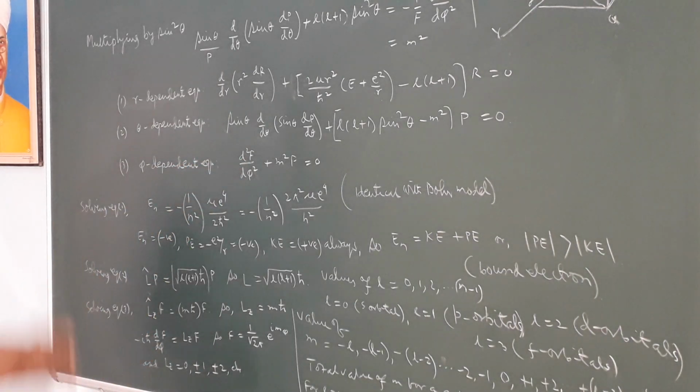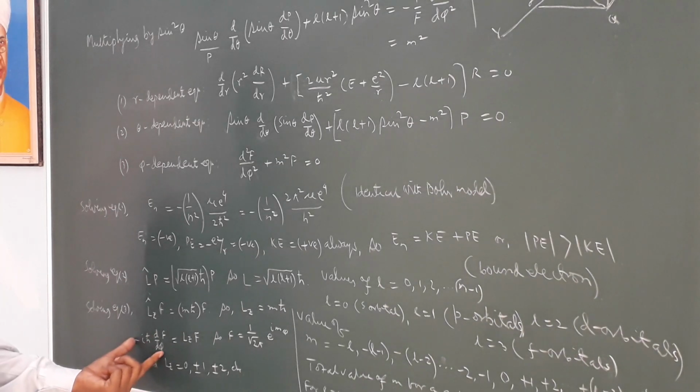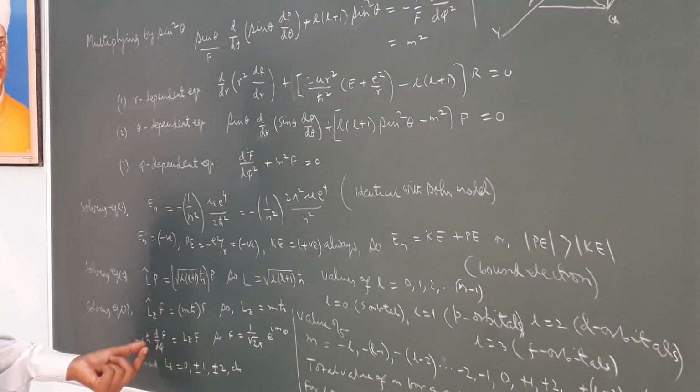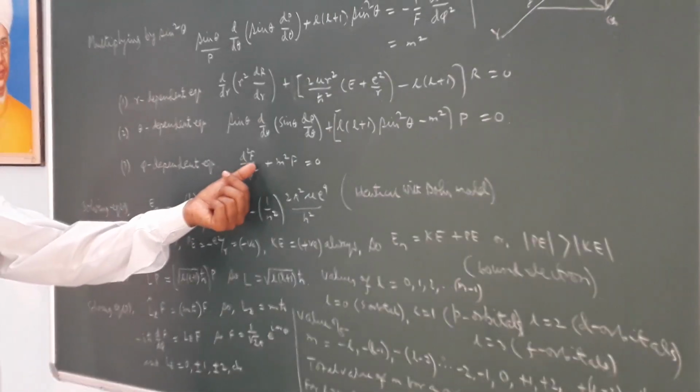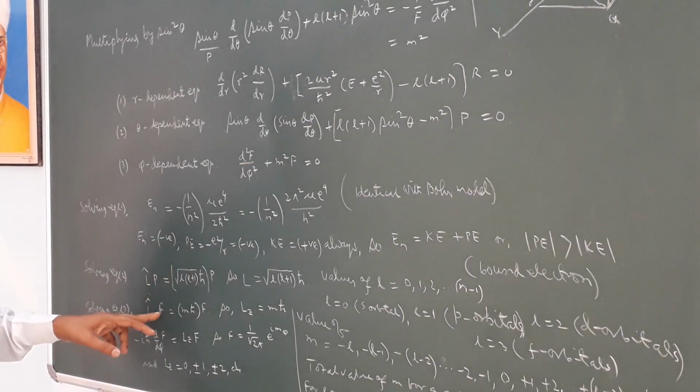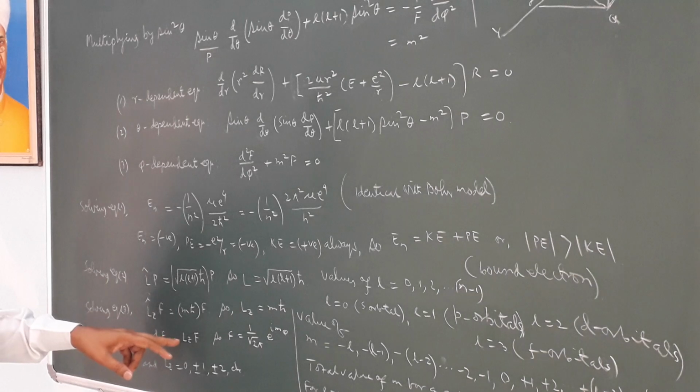We have already solved this type of equation, Lz operator equal to minus h cross d by d phi. This is the operator of the z component of angular momentum, and here phi is obtained from here, or it is the function, and this one equals Lz phi.